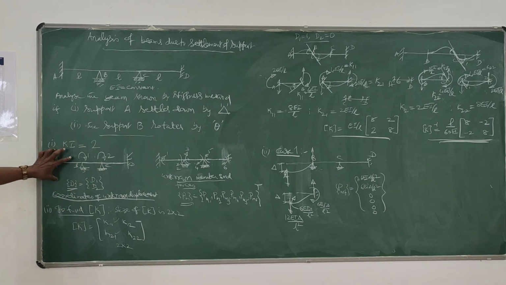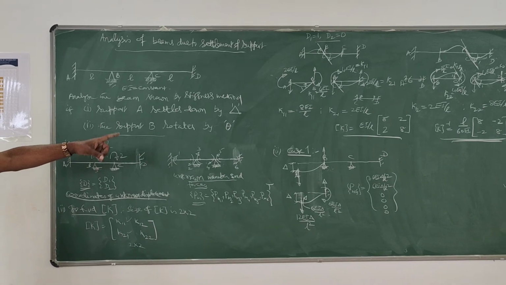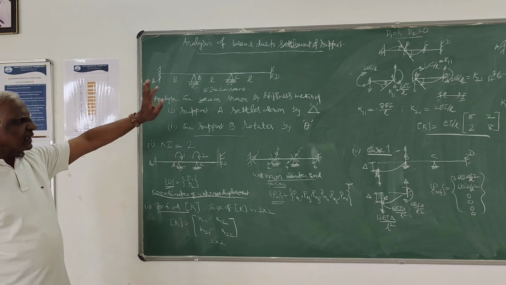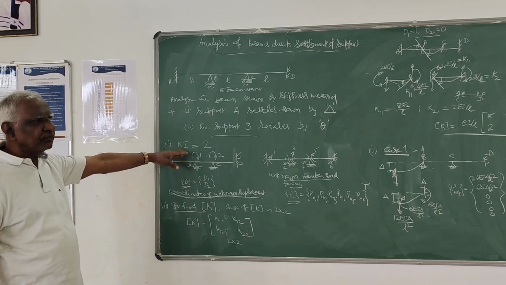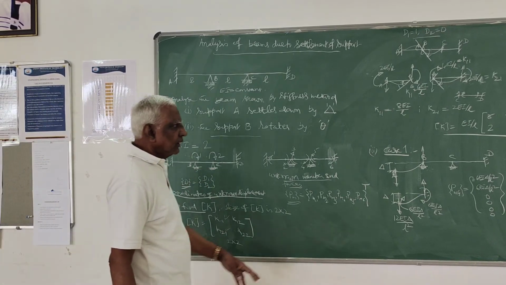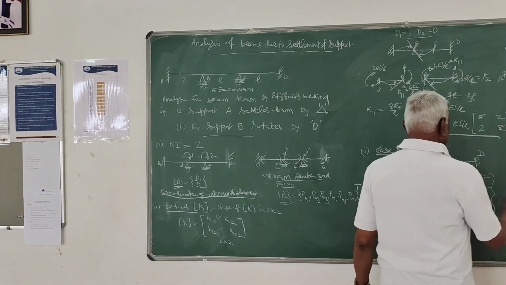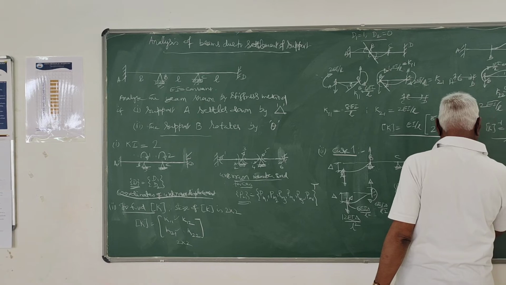That PMF matrix I can generate in the first step as I did in the usual procedure, but I took it here because there are 2 cases. If there was only 1 case, then I would have generated the PMF in the first step itself. Now, this is my PMF generated, so I can use this one straight away.